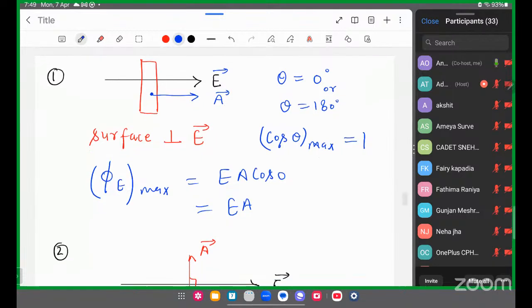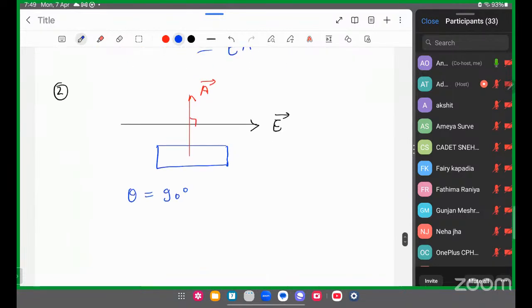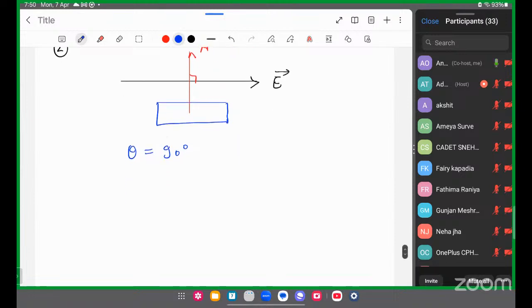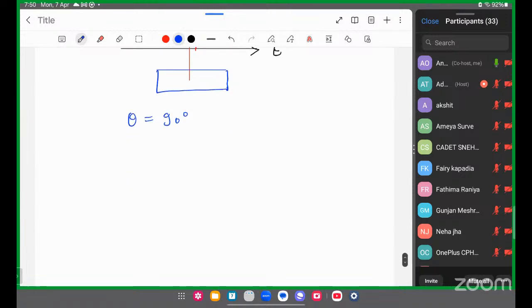So you have to be careful when doing the question whether the angle is between electric field and area vector or between electric field and surface. So in this case, theta will be 90 degree, and phi E equals EA cos 90, which will be 0.